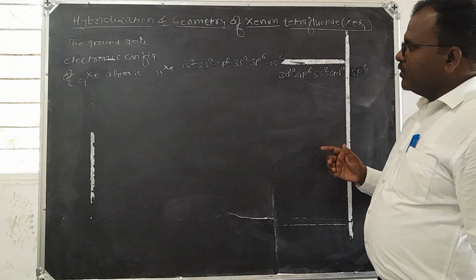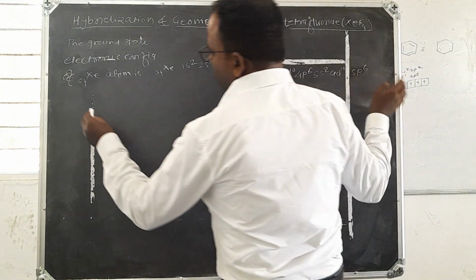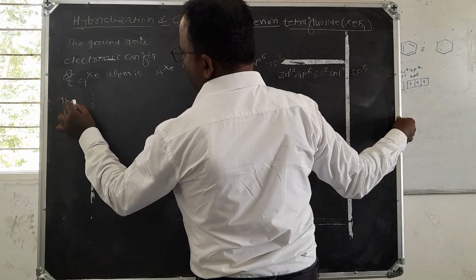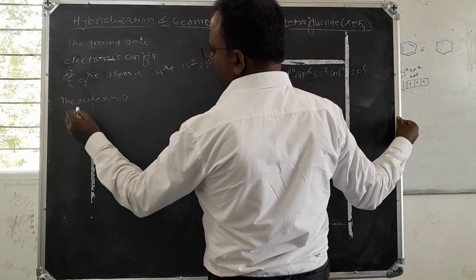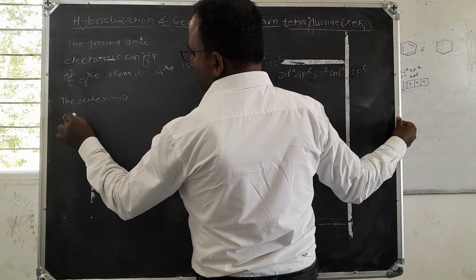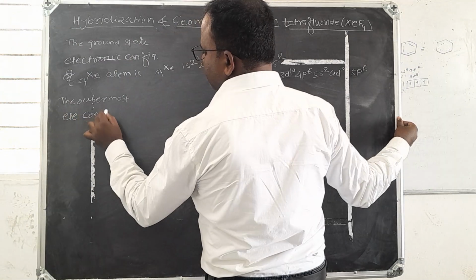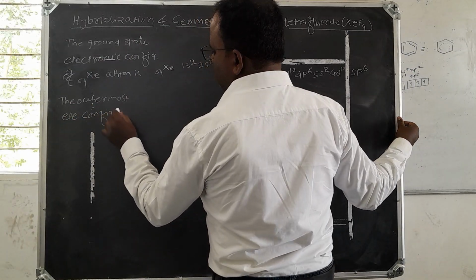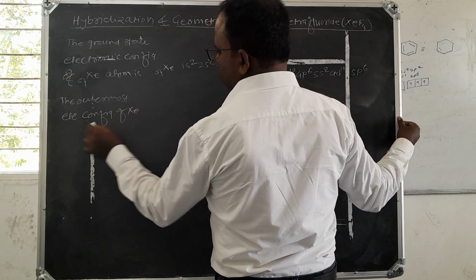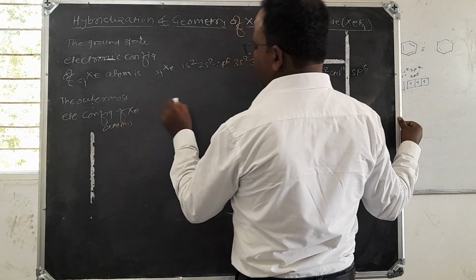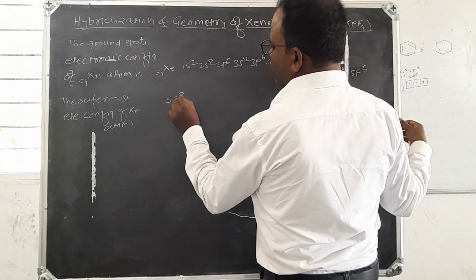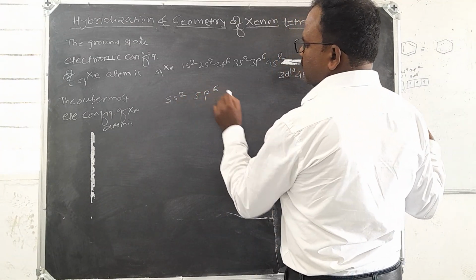Then the outermost electronic configuration of the xenon atom is 5s2, 5p6.